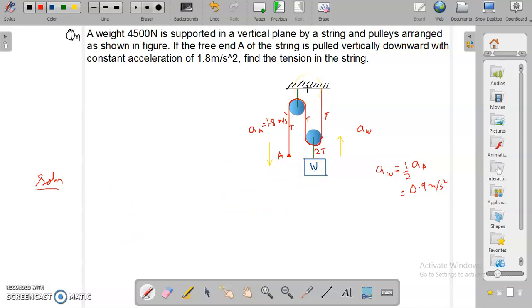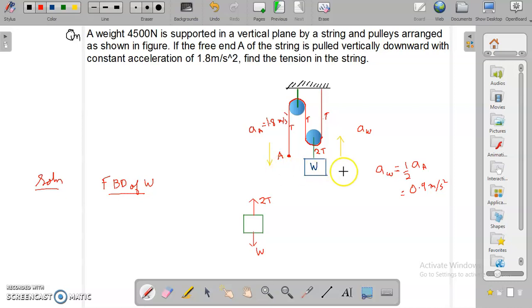In order to find the tension T, you consider the free body diagram of W. So weight W, then tension 2T.